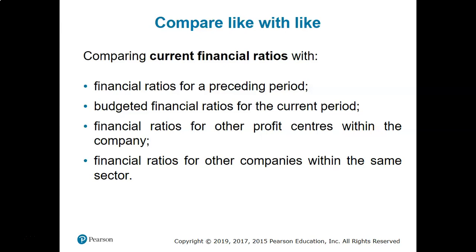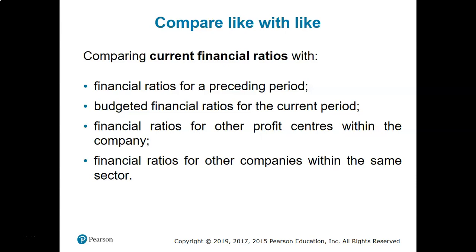And also we can compare the actual financial ratios with the budgeted financial ratios, expected financial ratios, what we actually expected and what we actually achieved. We can evaluate the performance in that way as well.